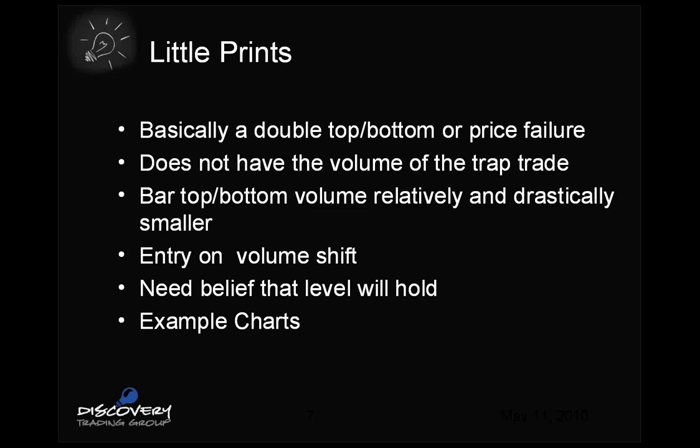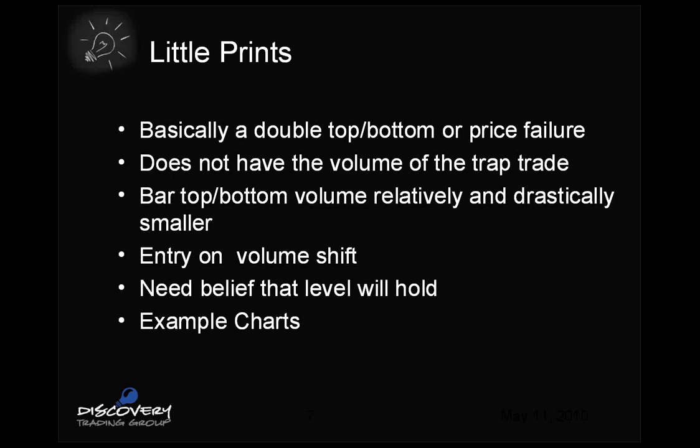All right. The little prints are just what you think they are. The price comes up to a level, either goes through it or doesn't go through it, and fails to print a lot of contracts. Again, you're looking for relativity, where you're not seeing a lot of prints relative to what the other previous high swing prices are. It could be a double top or a double bottom setup.